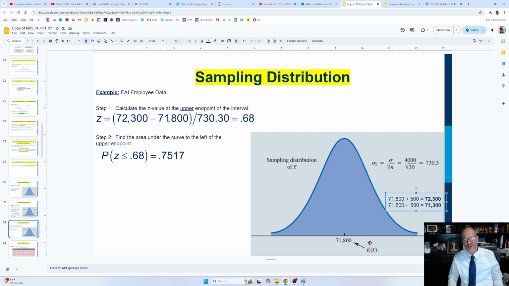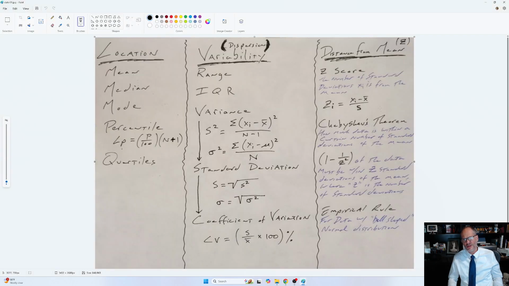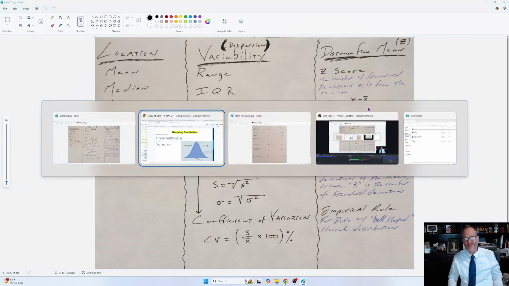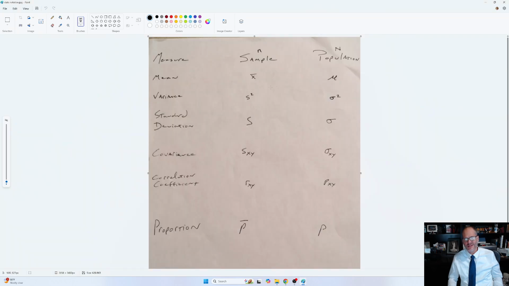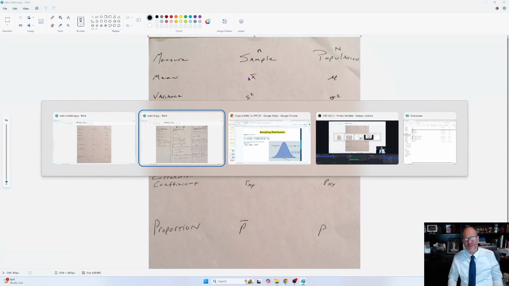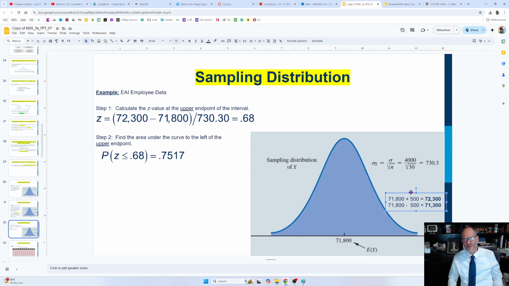What is a z-score? It's a point value, minus the mean, divided by the standard deviation. Here the standard deviation is 730.3, which is the standard error, the standard deviation of our sample mean.